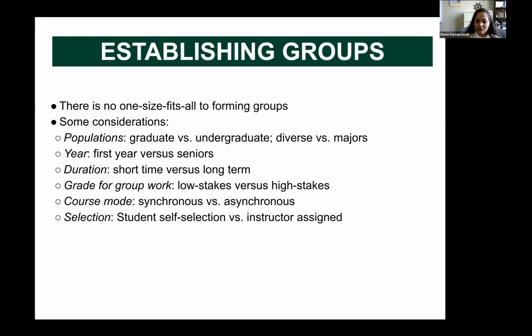A final thing is to think about whether the groups will be self-selected by students, or assigned by the instructor based on some criteria. Once again, this did come up in some of the lightning talks this morning as well. This decision could depend on some of the other factors listed here, and could affect how groups are assigned. Will it be random? Will it be based on some kind of survey? And so on. Next slide, please.